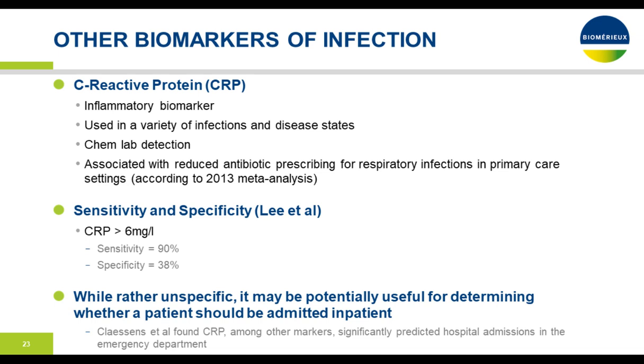The issue is it has very high sensitivity, but only with levels greater than 6 mg per liter. Unfortunately, it does not differentiate between bacterial infection and viral illness. It is unspecific, and we really don't use it too much in respiratory infections at this time.